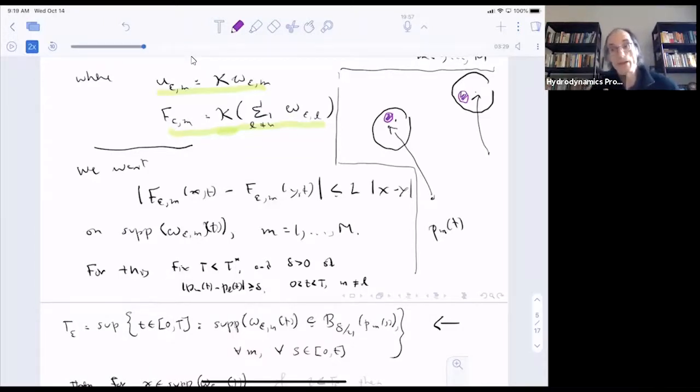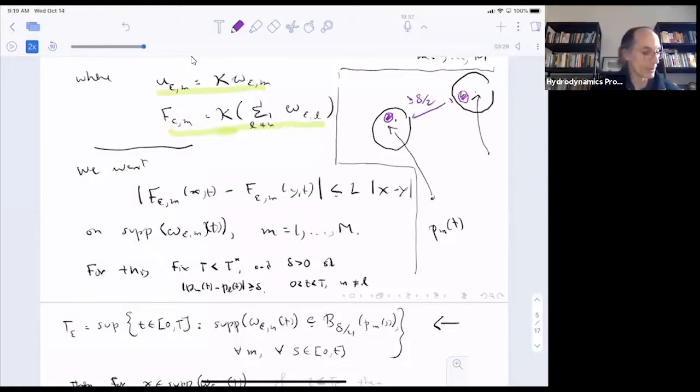In particular, that means they stay at least distance delta over 2 away from each other. So I always have a distance of delta over 2 between the different vortex blobs. And this is the definition of capital T epsilon.